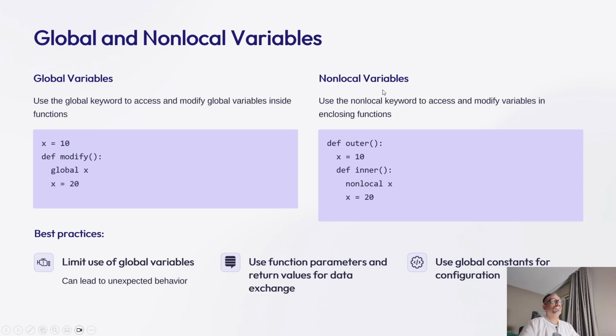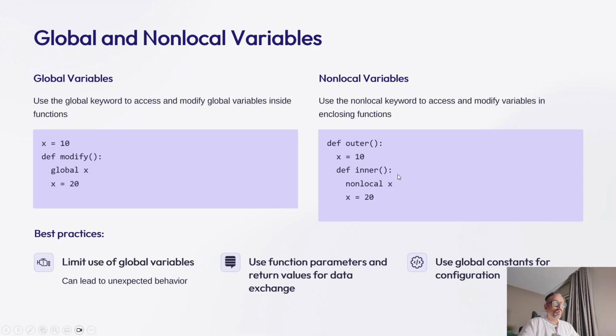Now, the second one is non-local variables. For non-local variables, we use the nonlocal keyword to access and modify variables in enclosing functions. What do we mean by that? I have defined two functions over here. The first one is the outer function and the second one is the inner function, which is inside the outer function. Now, when I say nonlocal x, what does that mean? That means that the inner function is not going to create a local variable.